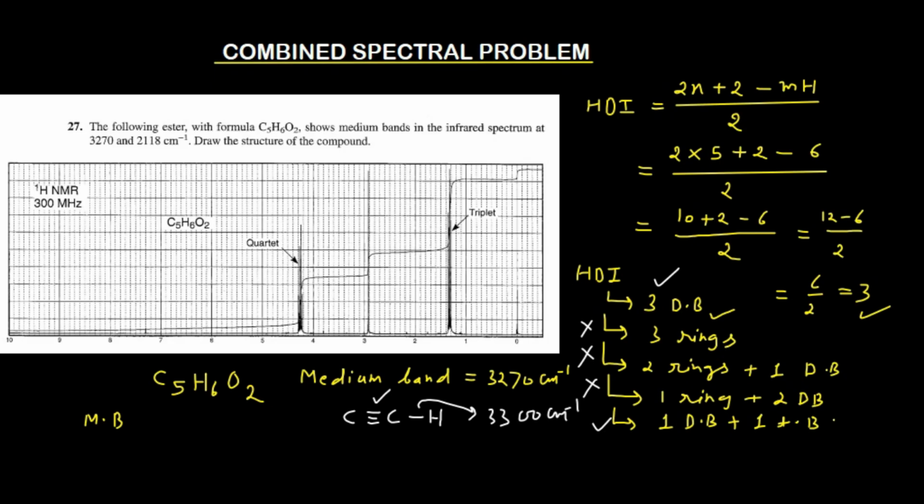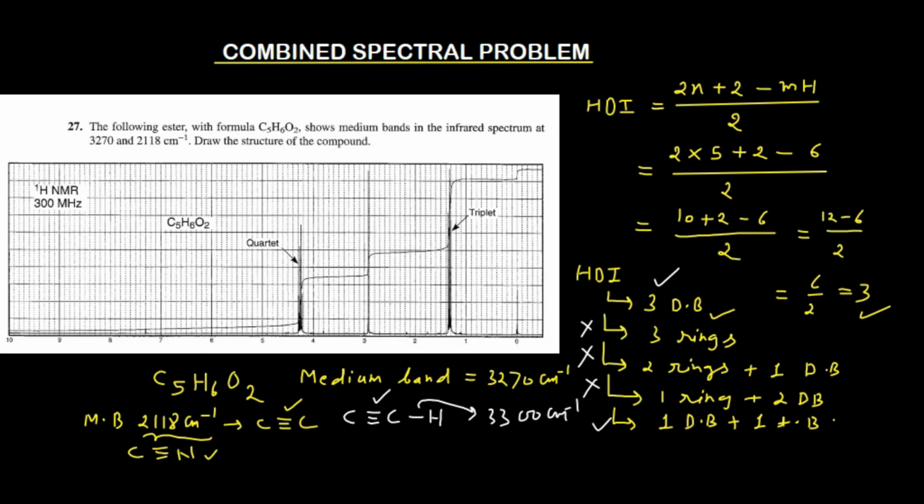And this you are observing at 2118 centimeter inverse, and this is the region which belongs to the carbon triple bond carbon. You cannot go for the carbon triple bond nitrogen, which is slightly stronger. This bond is slightly stronger than the carbon triple bond carbon. It resonates somewhere around 2300, right? But it is quite clear that the molecule has a triple bond, because 2118 centimeter inverse is the region of carbon triple bond carbon.